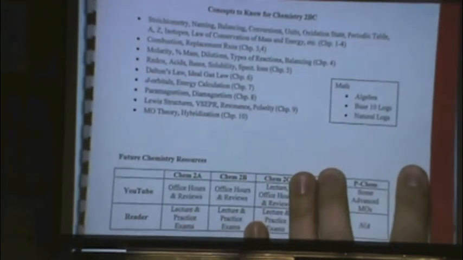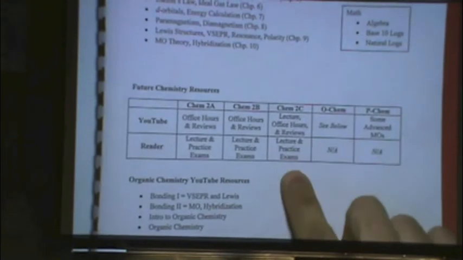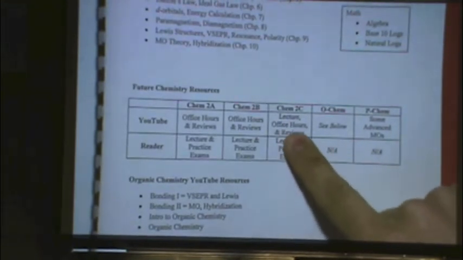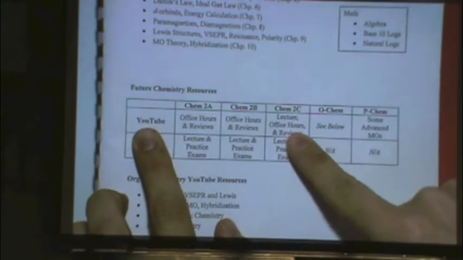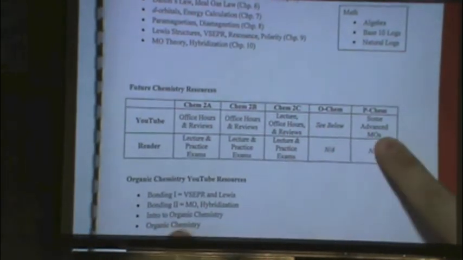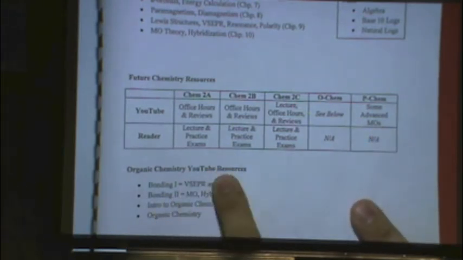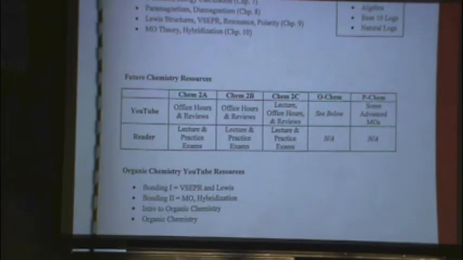For 2C, I have my lecture on YouTube. So I have videotaped my lectures. And for OChem, I have some stuff. OChem and other advanced classes, I do have some playlists, just to let you know ahead of time. So if you ever need to refer or need stuff all the way through OChem, it's cool.